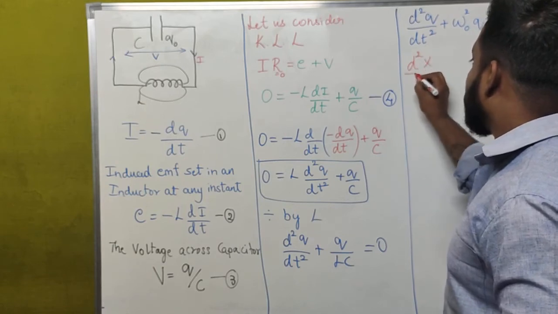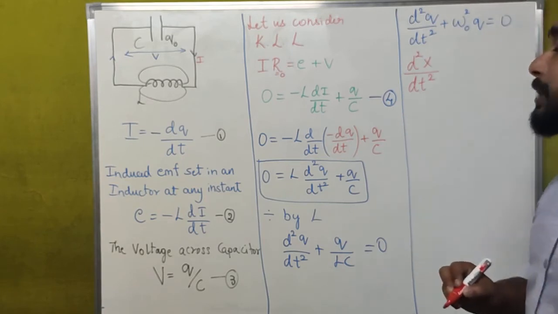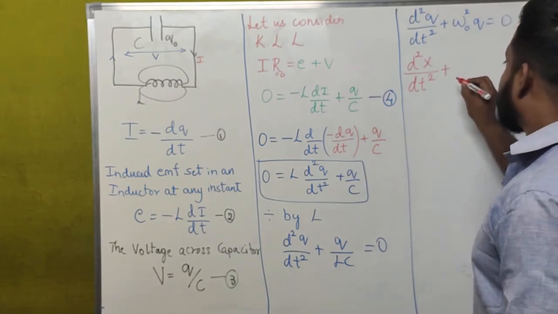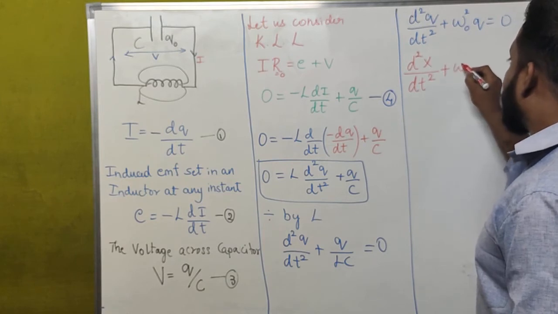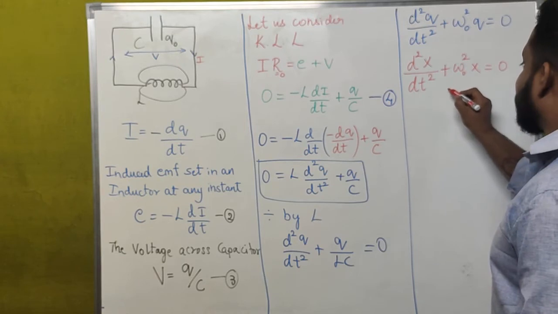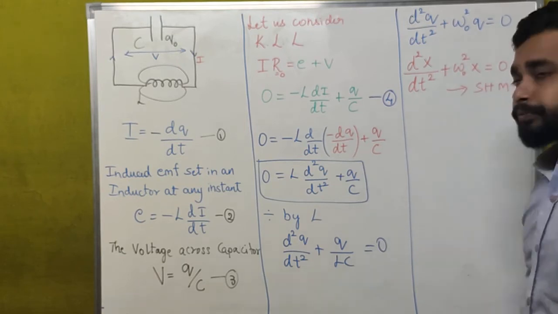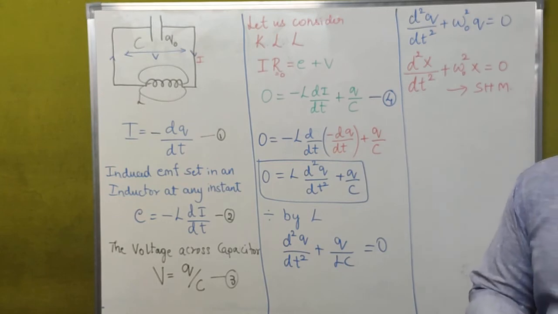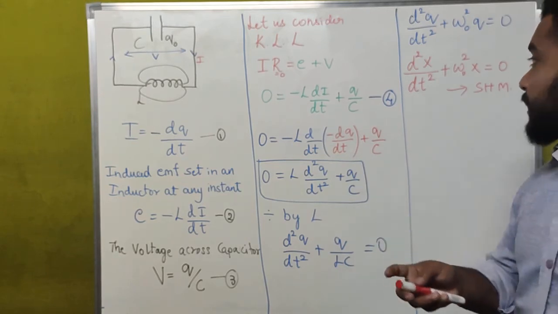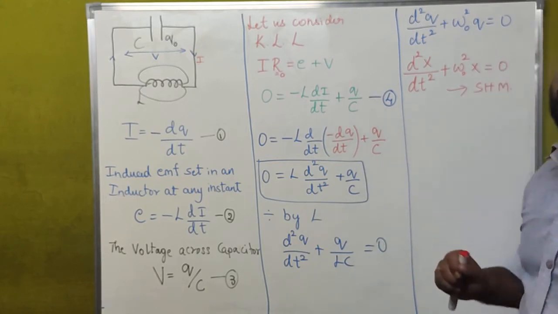If we consider the simple harmonic equation as d square x divided by dt square plus omega naught square x is equal to 0, actually, this is the expression for simple harmonic motion. D square x by dt square plus omega naught square x is equal to 0 is the expression for simple harmonic motion.